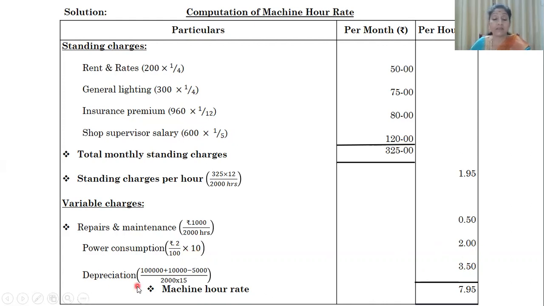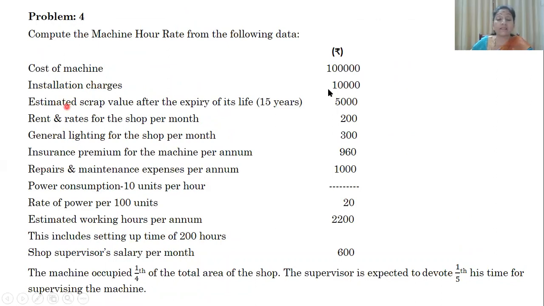Okay. Then depreciation. You know very well how to calculate depreciation. Cost of machine given in the problem is 1 lakh plus 10,000 installation charges. Scrap value we should deduct, 5,000. Life of machine 15 years, effective working hours 2000.